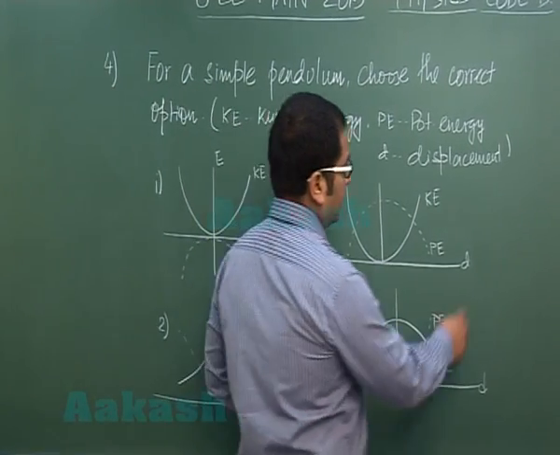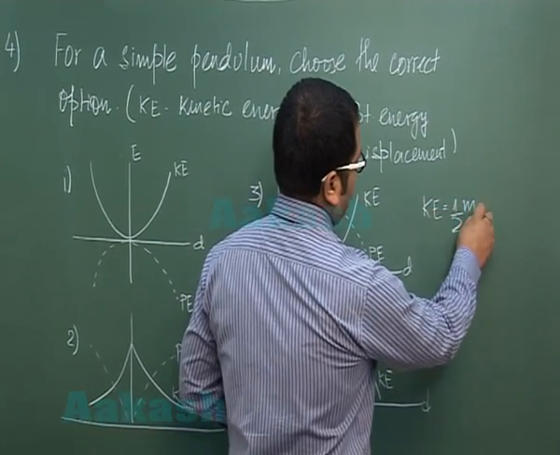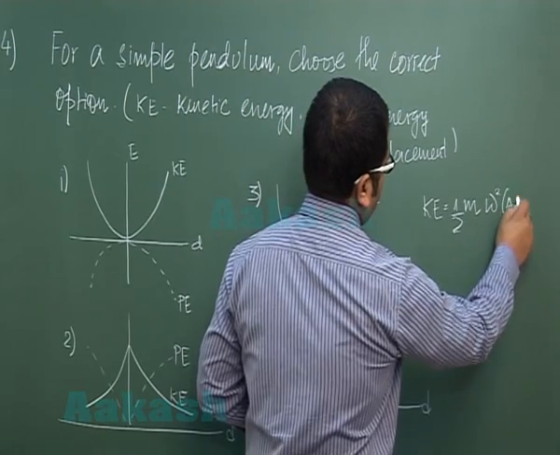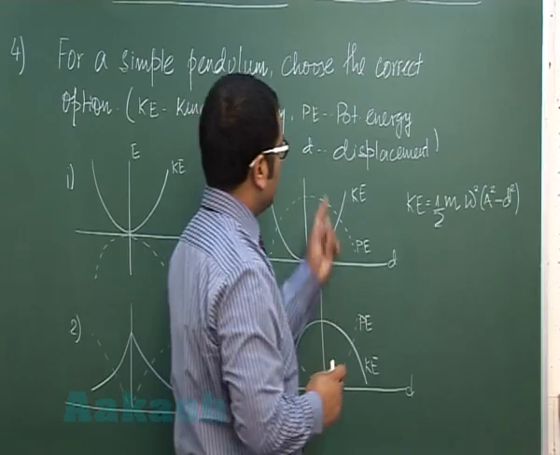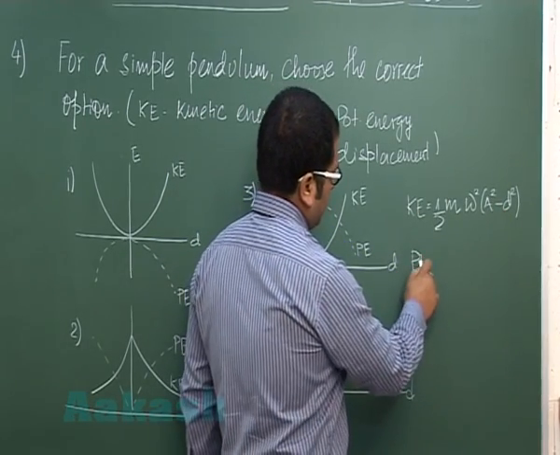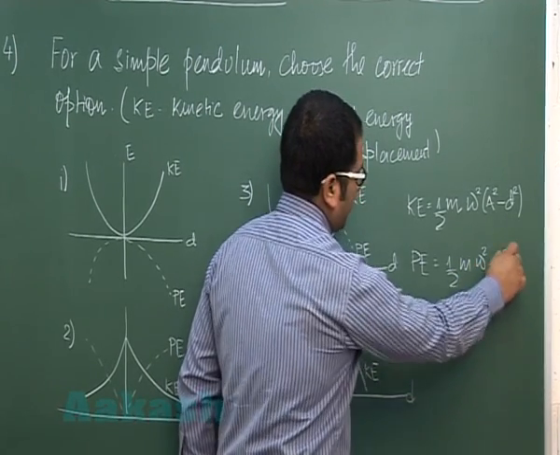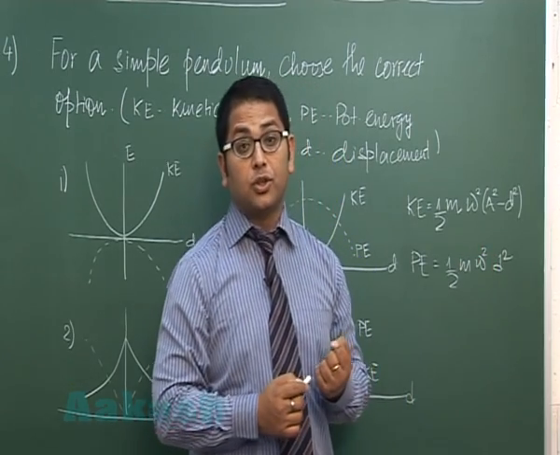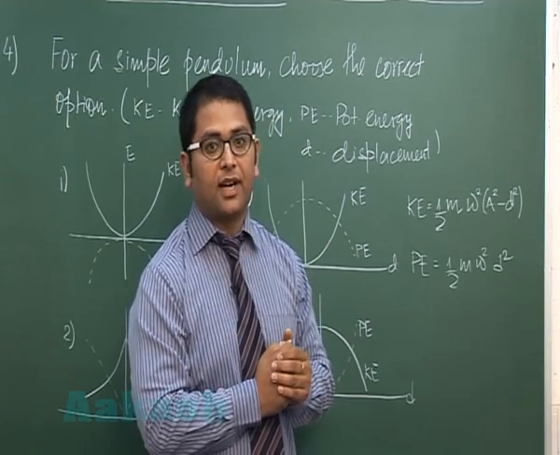So let's see, the kinetic energy comes out to be 1/2 mv square, and that would be 1/2 m omega square (A square minus d square), because this time the displacement is represented by d. And potential energy is 1/2 m omega square d square. This is of course taking reference as the mean, which we do when specifically a mean position is not specified.